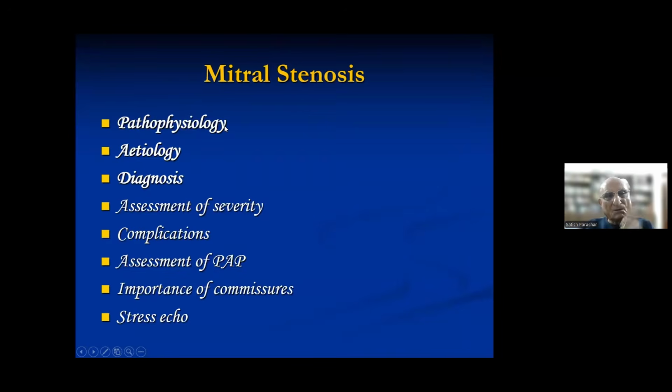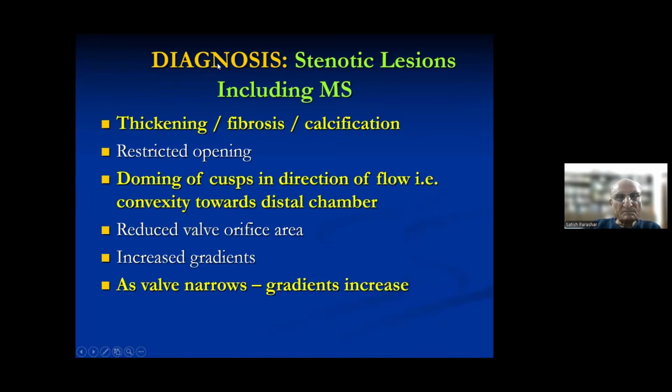So though you know about the pathophysiology, you know about the etiology, what is rheumatic, now we come to the diagnosis. Every stenotic lesion, when there is a wall-based disease, undergoes thickening, fibrosis, or calcification.